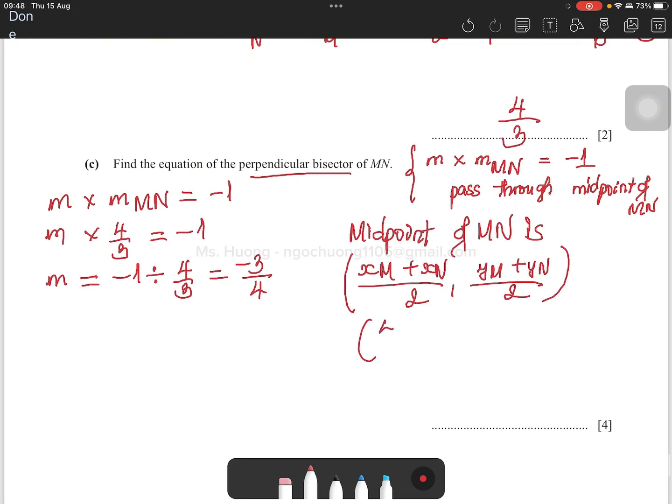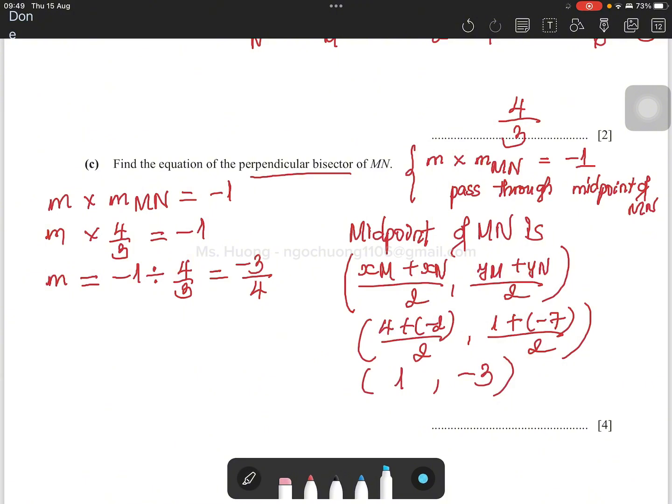Look at the question. Xm is 4, xn is negative 2, over 2. Ym is 1 and yn is negative 7, over 2. So 4 minus 2 is 2, 2 over 2 is 1. 1 minus 7 is negative 6, divided by 2 is negative 3. So this is the midpoint of MN.